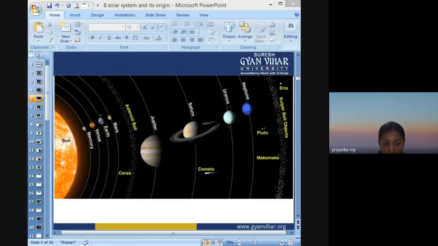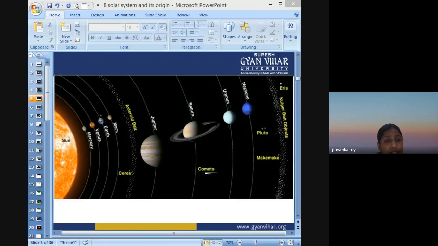The shell of this material is very thick and extends from about 5,000 astronomical units to 100,000 astronomical units. One astronomical unit is almost the distance between the Earth and the Sun.